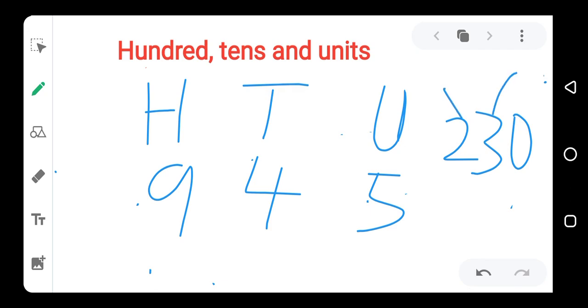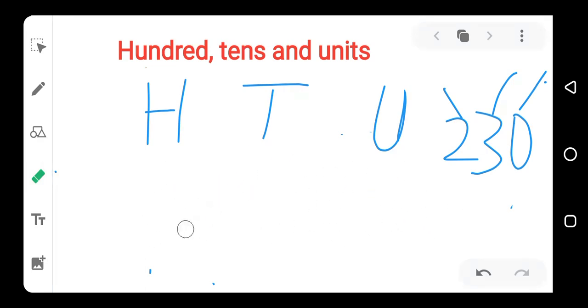So we are going to write the first one under units, the second one under tens, under T, and the third one under H. So we have 0, then we have 3, and then we have 2.